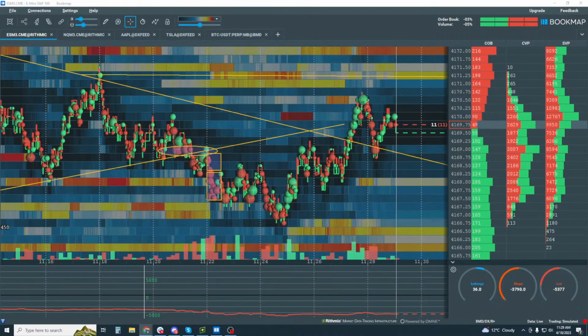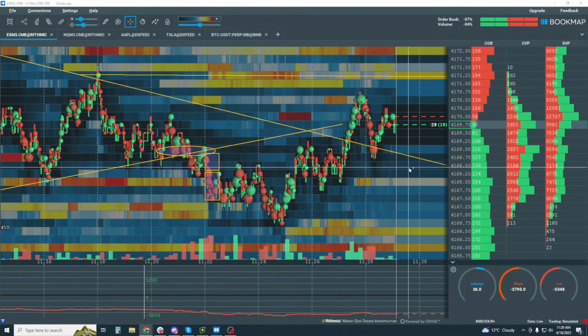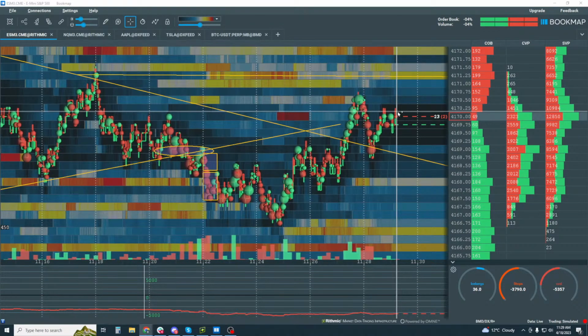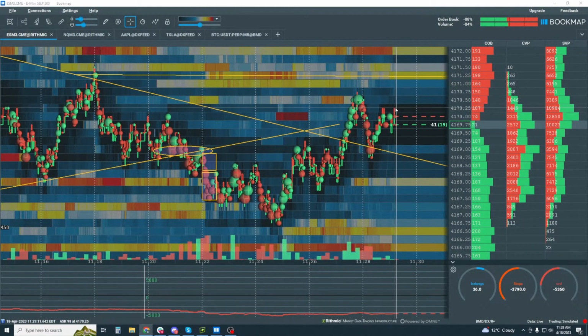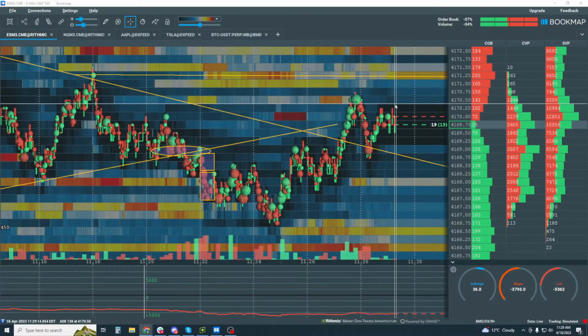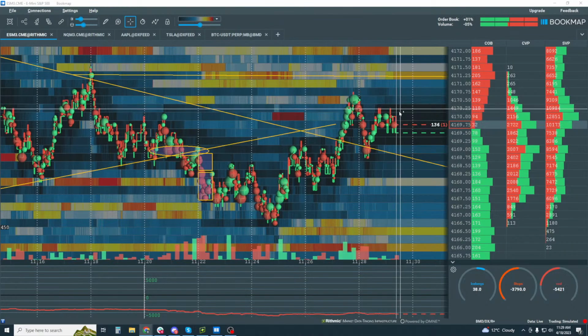The classic correlations are obviously looking at the bonds. You can also look at the dollar index as a negative correlation, but the euro dollar can be a good one if you don't have that, since the majority of the DXY is made up of euro dollar.